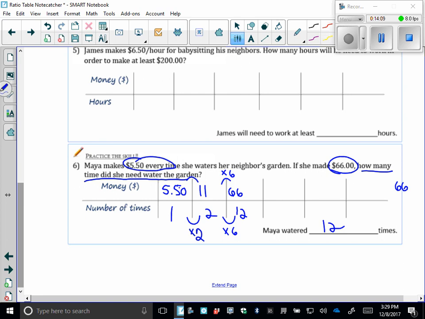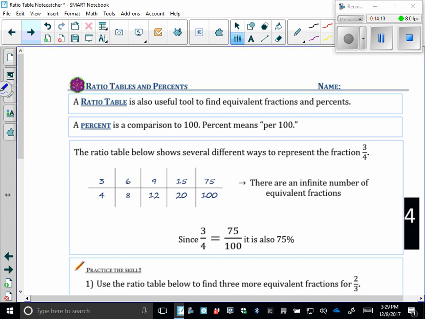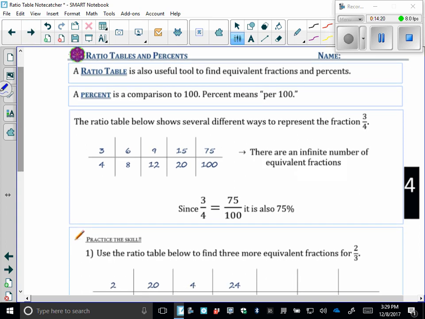Okay. So for the last bit of class, we're going to actually look at this percent situation. Now remember, when we learned something like ratio tables, did you guys notice I put the note catcher over there? I'm going to have you guys help me with some of those next week just so we can use them for notes.